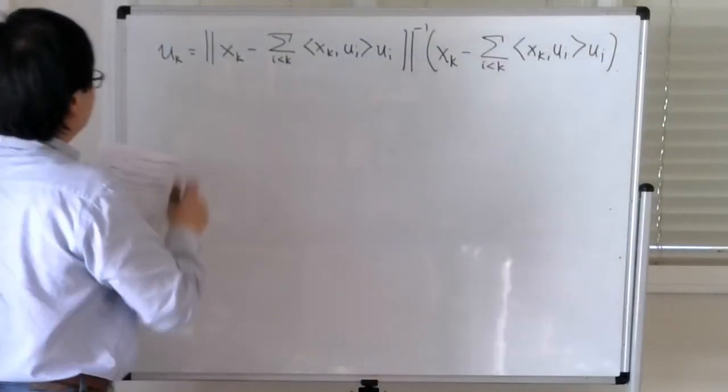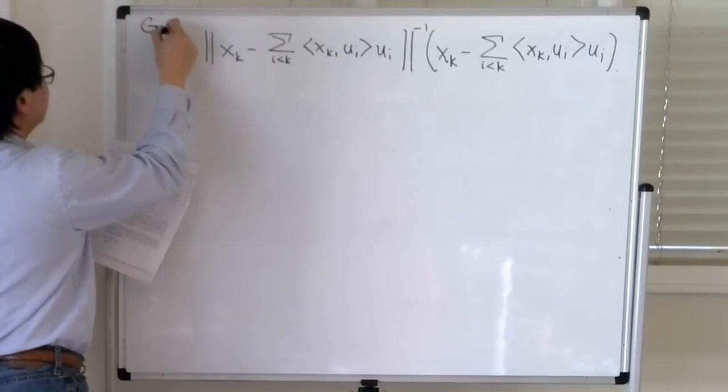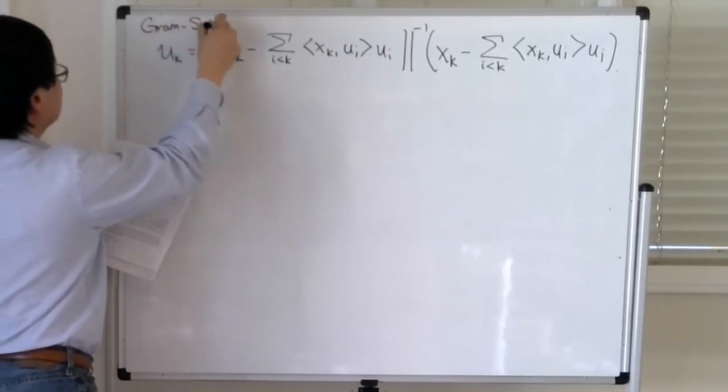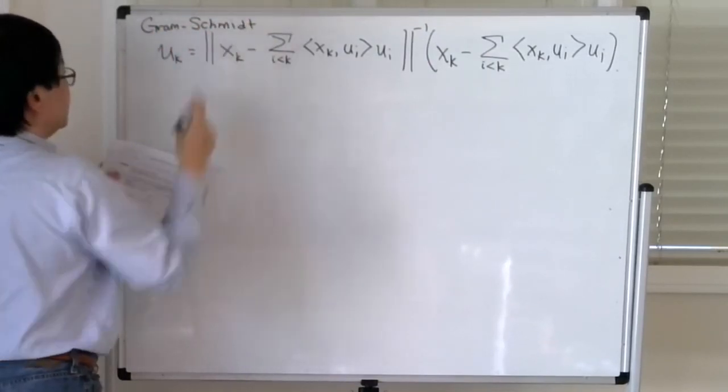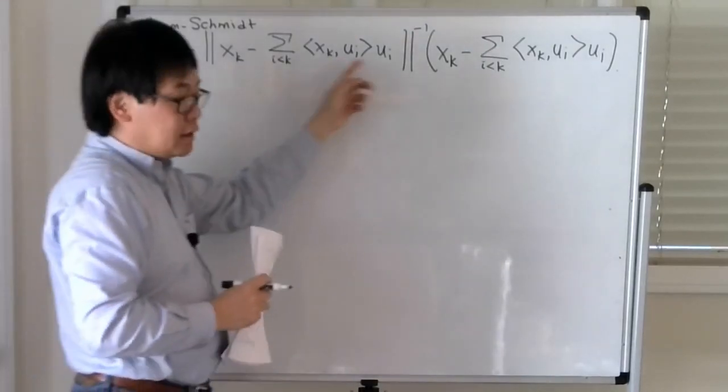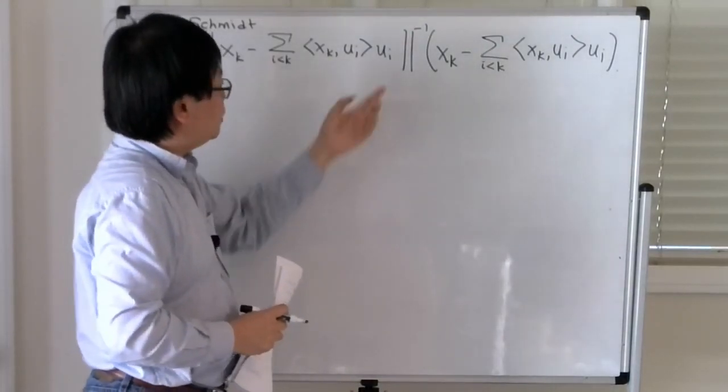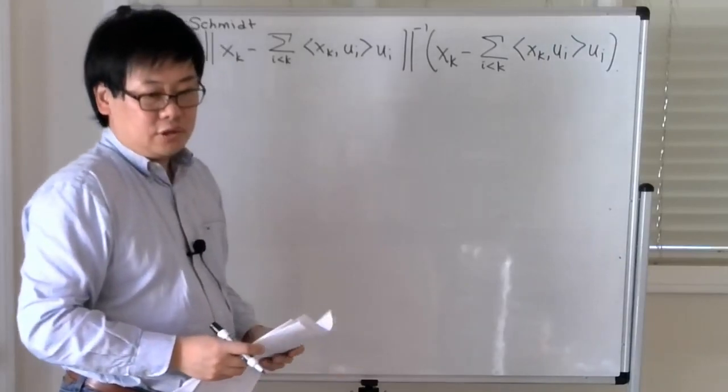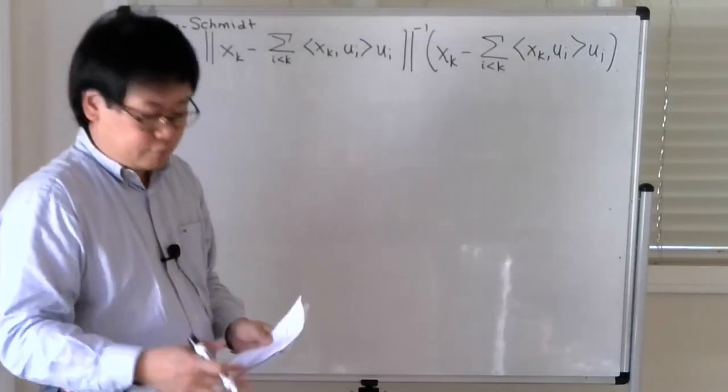This is of course nothing more than what is called the Gram-Schmidt procedure. And now that we've expressed this in terms of inner products, you can imagine doing this for polynomials instead of just vectors.